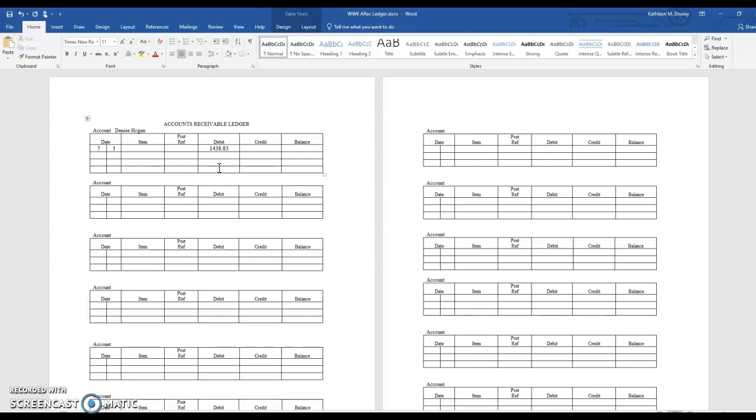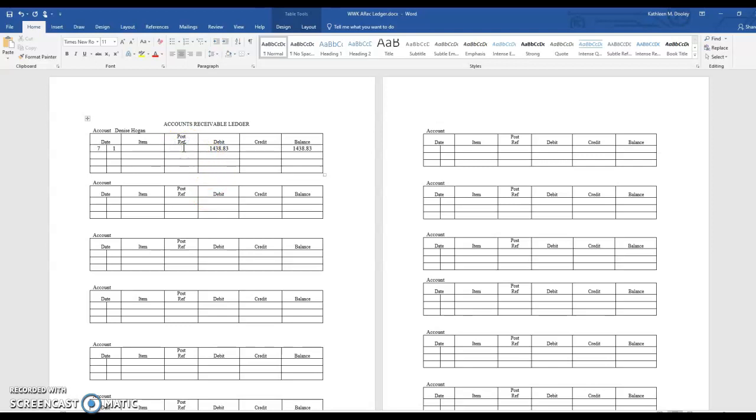Okay, $1438.83. Notice how I keep double checking myself. That's what you want to do when you're in accounting, because what if I would have left that as $1483? That would have been a mistake, and it would have caused me not to balance, and I would have been looking for 20 hours for that mistake that I made in 2 seconds. So always try to do as much double checking on yourself as possible. Okay, and so her new running total balance, and she didn't owe us anything before, is also $1438.83.